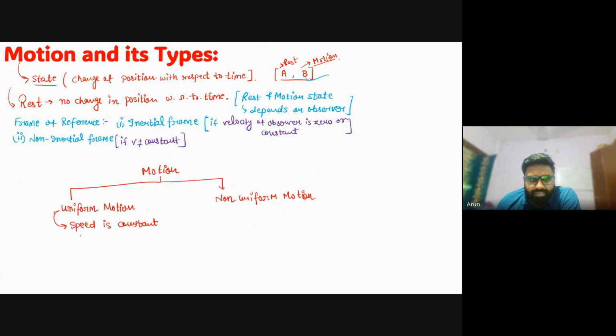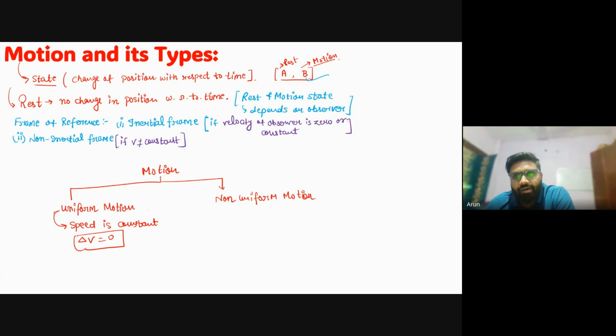Okay. We can say that any change in speed is zero. Got it? And that particular motion in which the speed of the car, speed of the person, whatever you have chosen, is constant, is uniform motion.